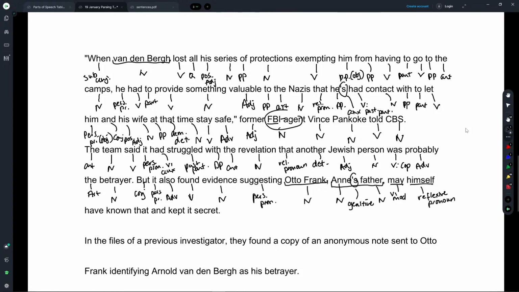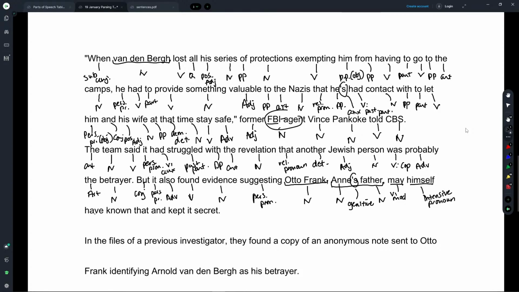Because we can say Otto Frank, Anne's father, may have known that and kept it secret. But we're adding himself to this because they want to add emphasis, right? That Anne's father knew about this issue. And because it's of course a fair issue, so we're going to change this into an intensive pronoun.